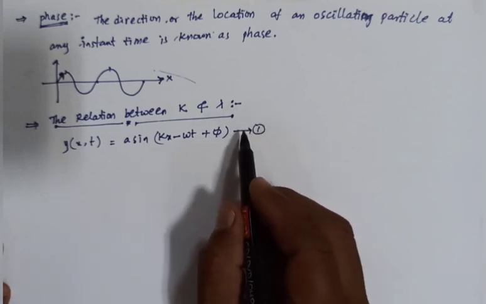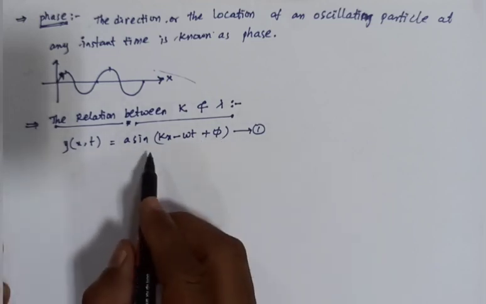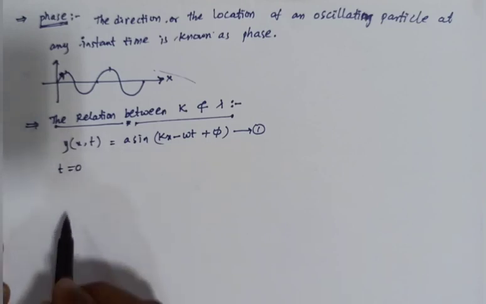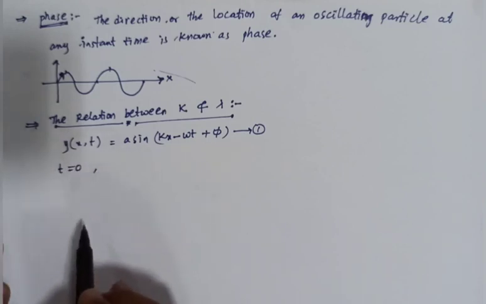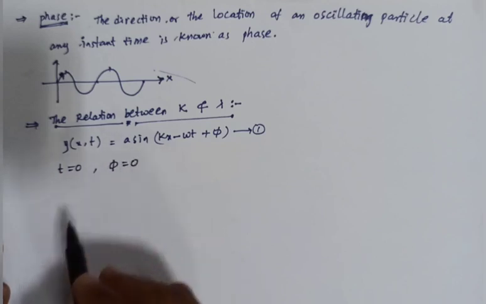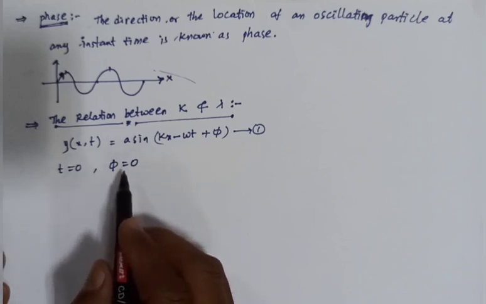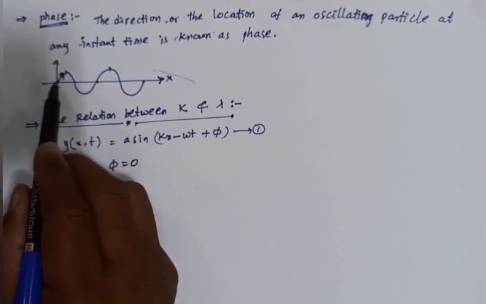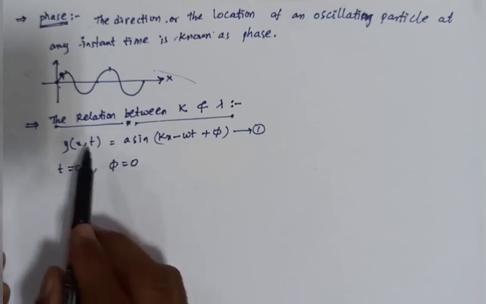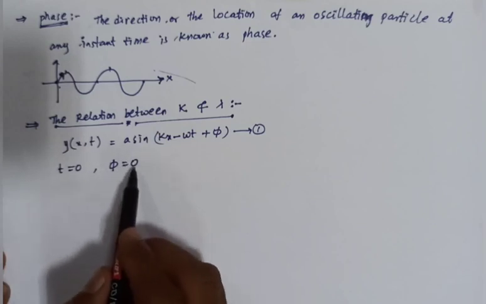In this expression we take t equals 0. Then the initial phase angle is 0 at the origin at t equals 0, so phi equals 0, parallel to the x-axis, the phase angle also 0.